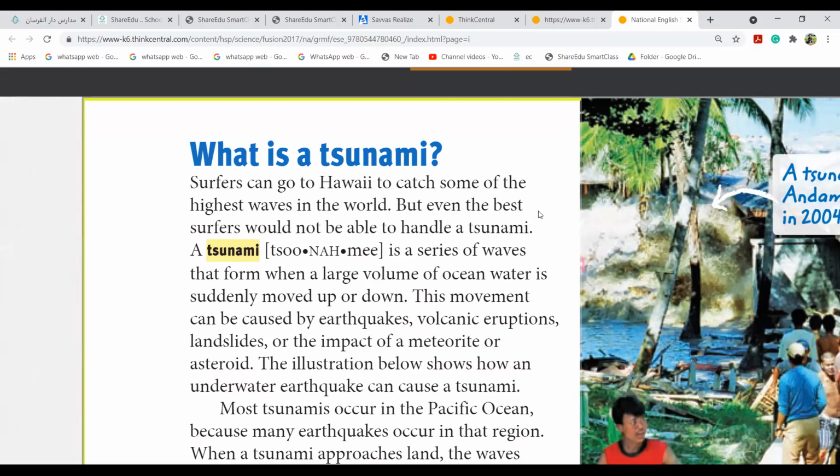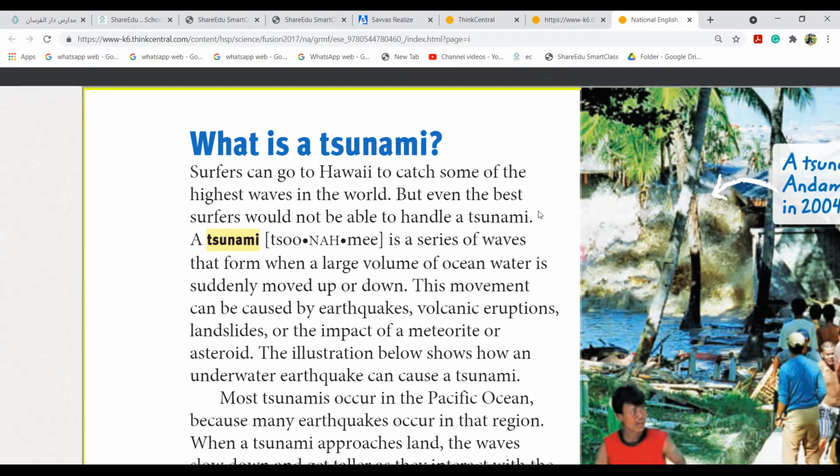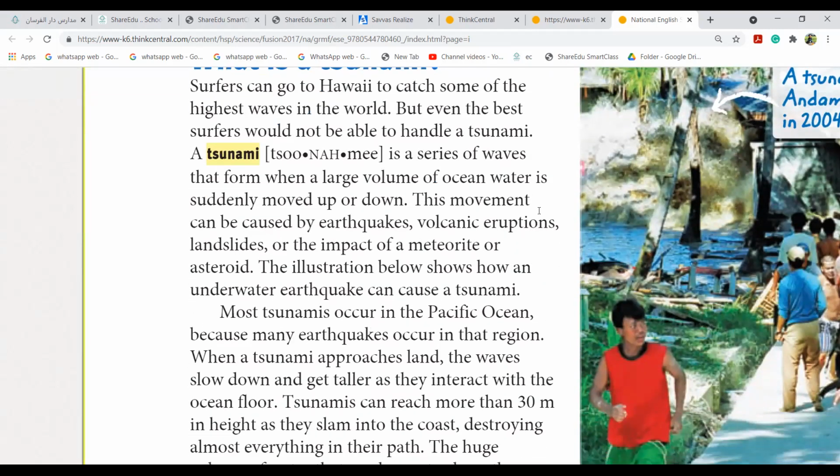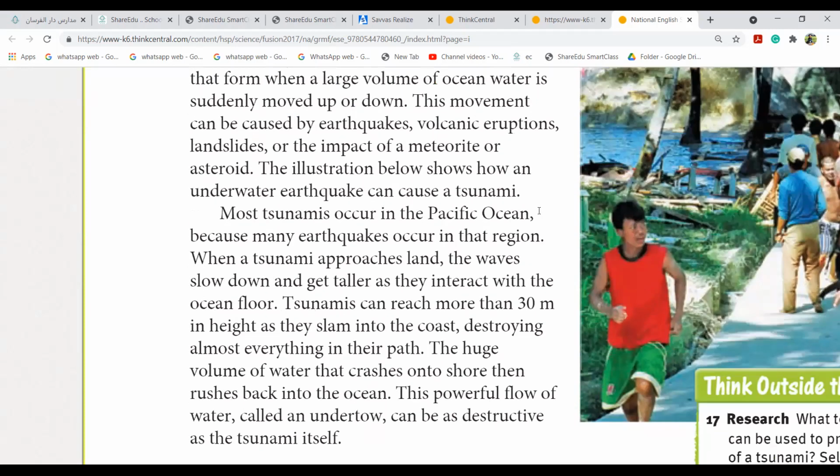It is a series of waves formed by a very large volume of ocean water that is suddenly moved up or down. The movement can be caused by earthquakes. It could be not only earthquakes, but also volcano eruptions, landslides, or meteorites and asteroids.